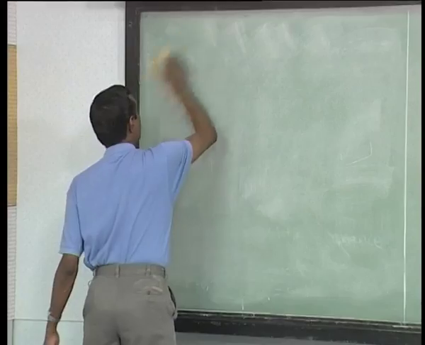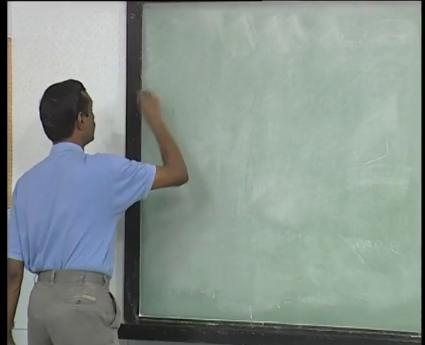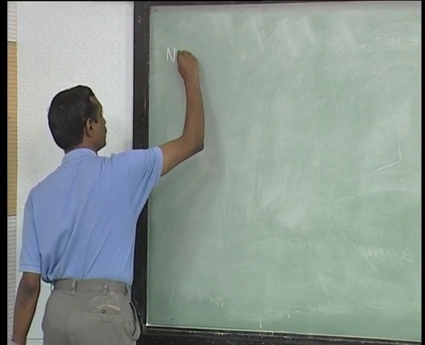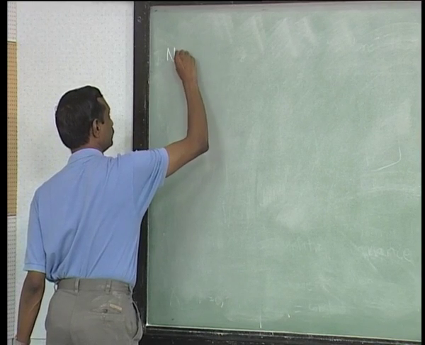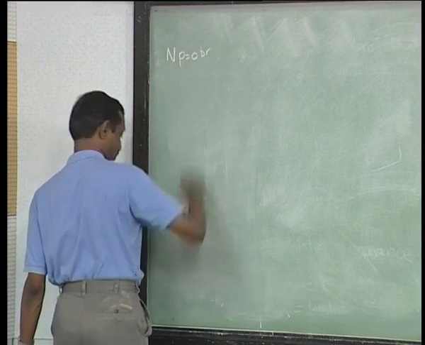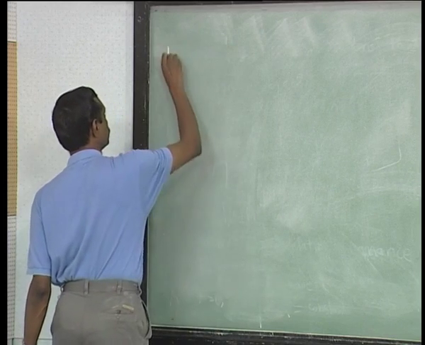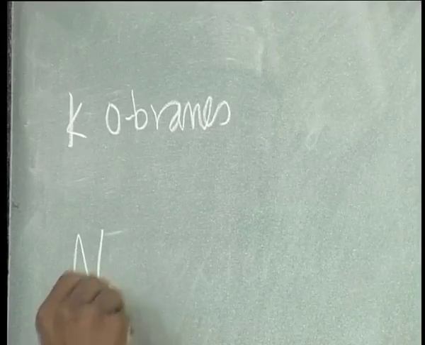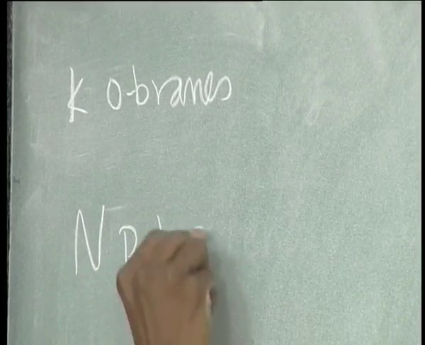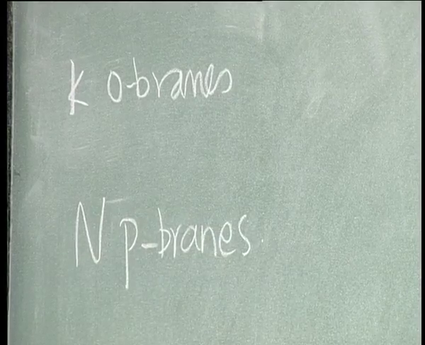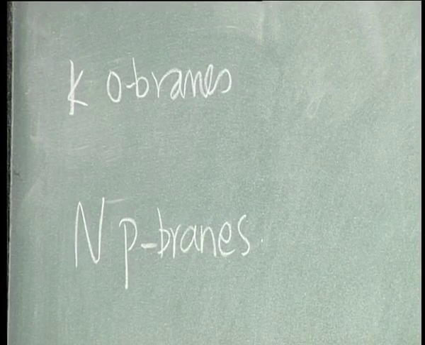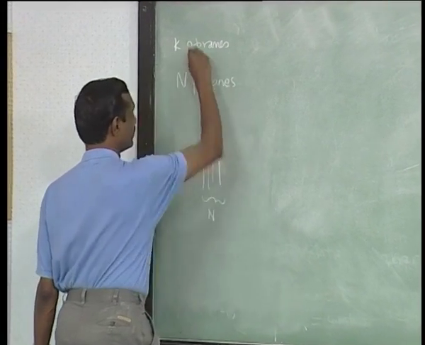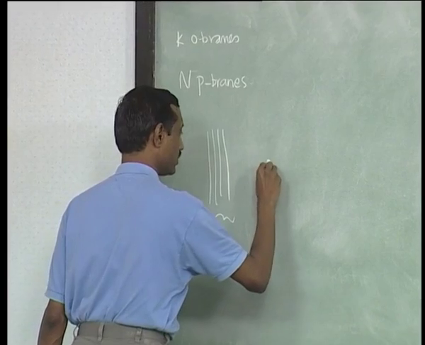What we will do is consider a system which consists of N D0 branes, K D0 branes, and N Dp branes. And I will draw a picture now. There are N of these guys, and since this is smaller, I will indicate this by a dot, and there are K of them.